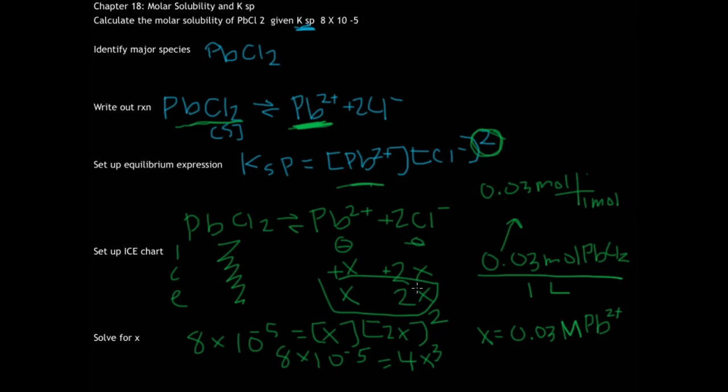All right, it looks like it's 278.1 grams per mole. So if you take your moles, you end up at 8 grams per liter. What does that mean? That means you can get 8 grams of lead II chloride to dissolve in every liter.